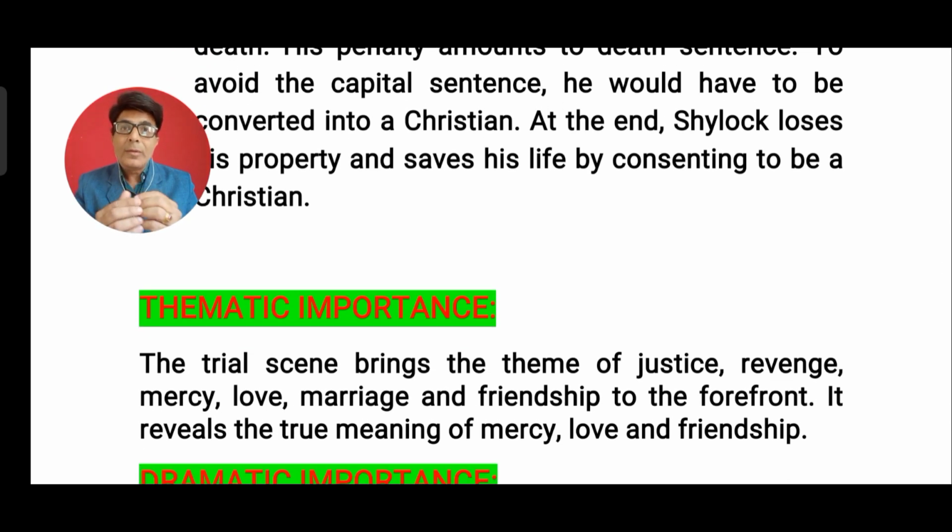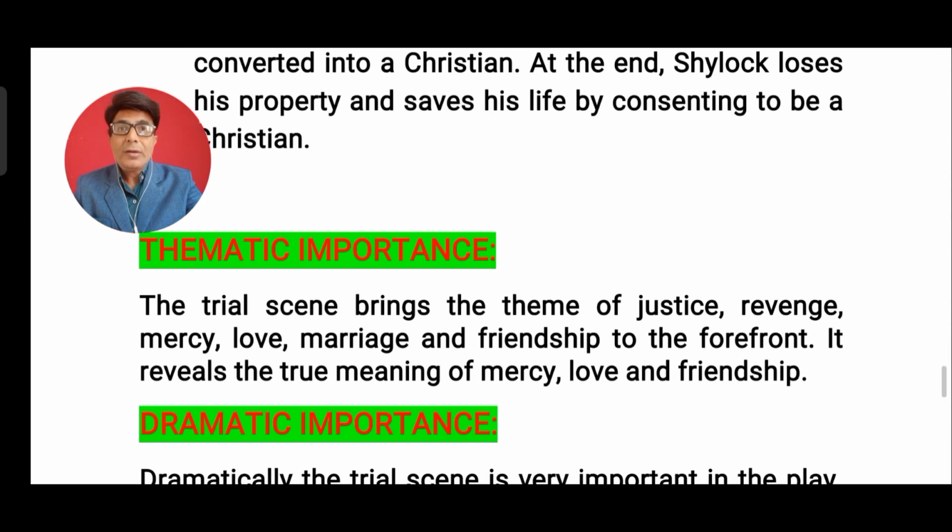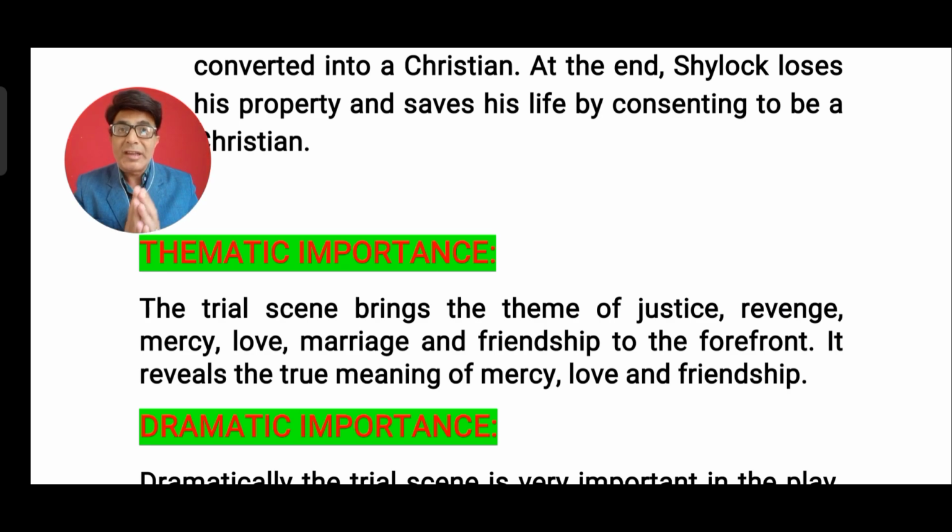So this is how Portia rescues Antonio, and Shylock is sentenced not to death, but later on the court shows mercy and decides that half of the money should go to Shylock's daughter Jessica and half of the money should go to charity. So this is how that scene comes to the end.